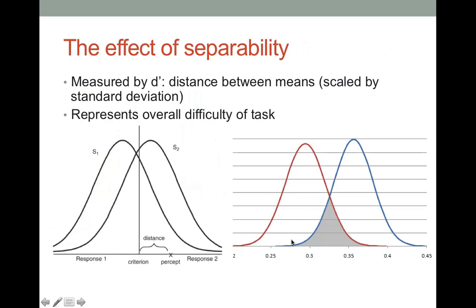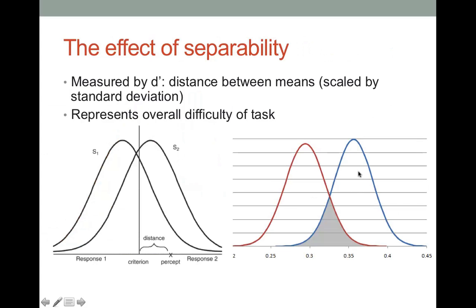of the task. So this one that we saw before has a decent amount of overlap, but there's a lot more overlap in this picture because the two distributions are closer together. And so when there's more overlap, it makes it a lot harder.